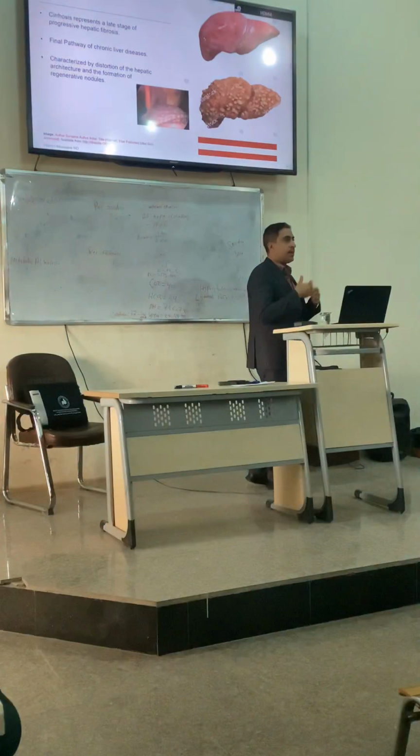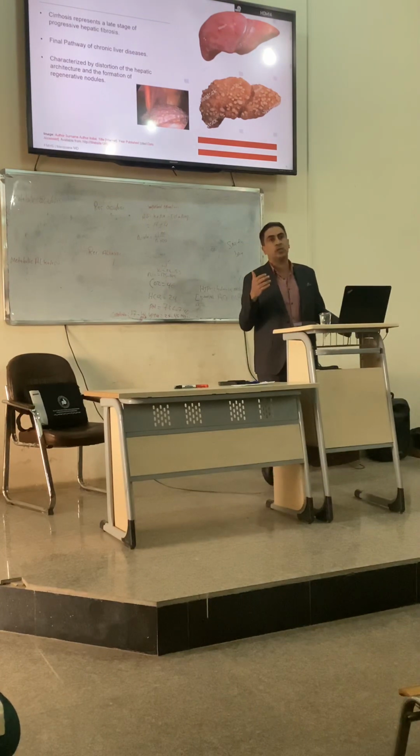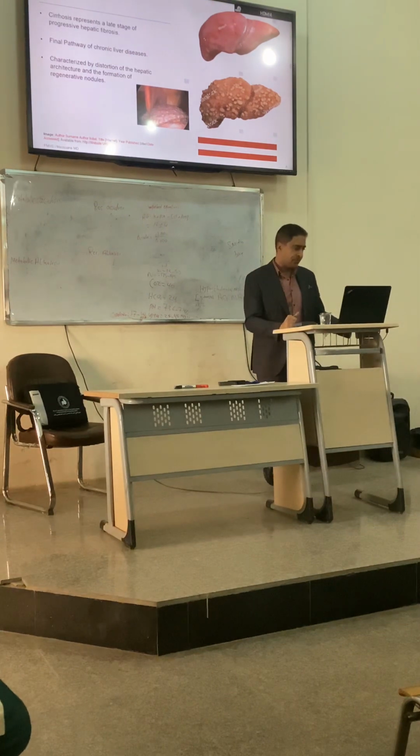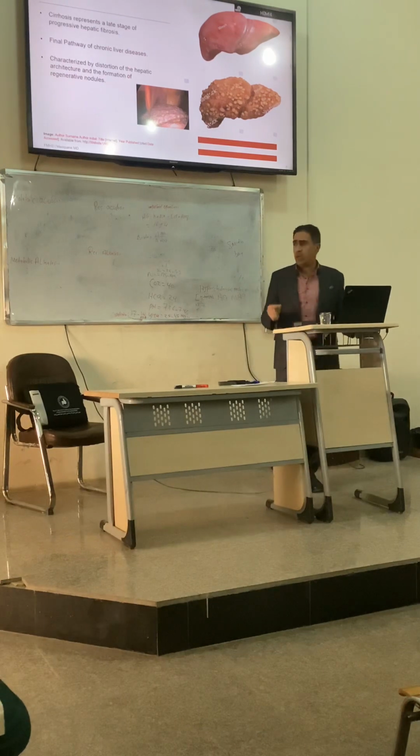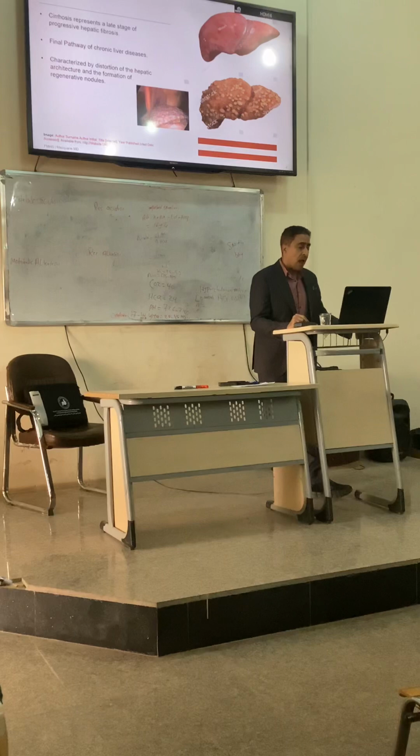And then the fibrosis will progress and lead to liver cirrhosis if it continues to stage 4. What you will find in a patient with cirrhosis, on histopathology or gross anatomy, is distortion of hepatic architecture and formation of liver nodules.